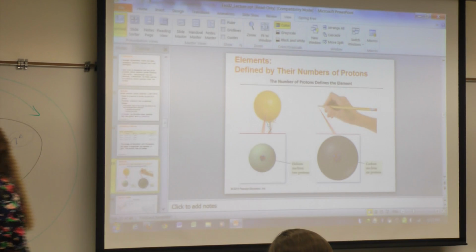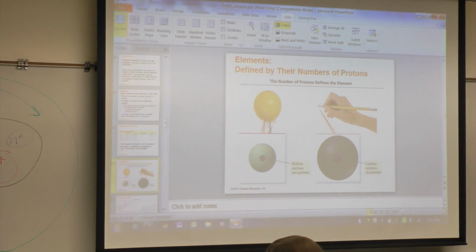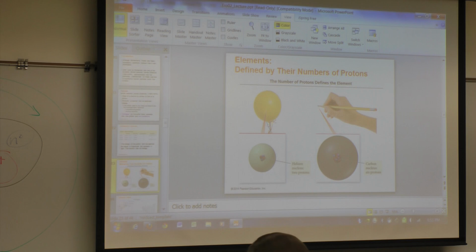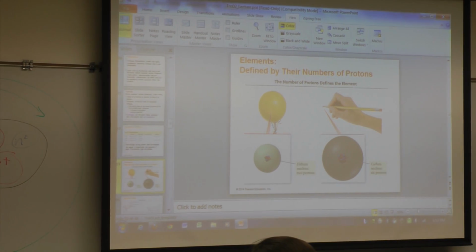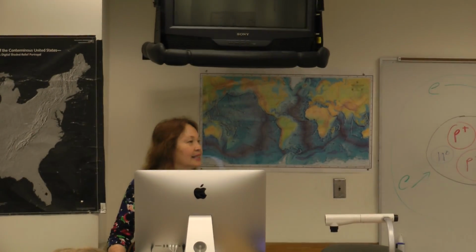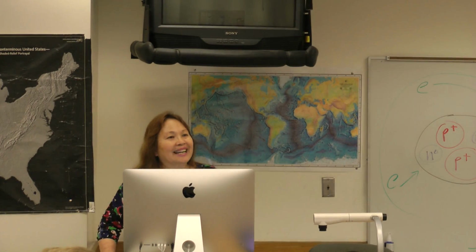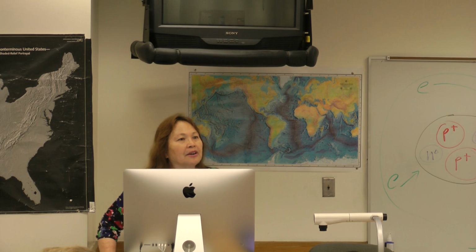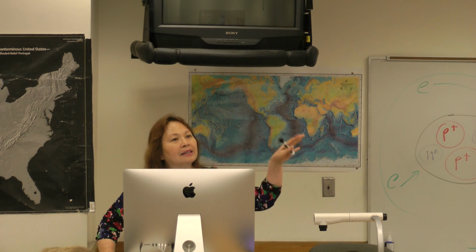Good question. How did they know that there are in fact 6 protons and 6 electrons? So it didn't start out with carbon. It started out, I think, with either iron, some metals.